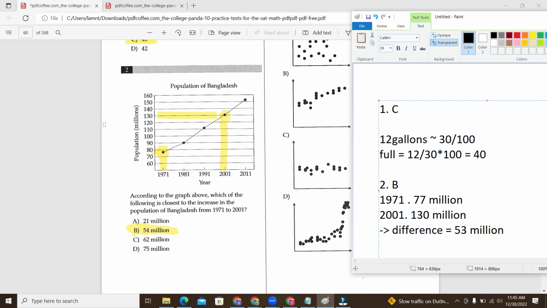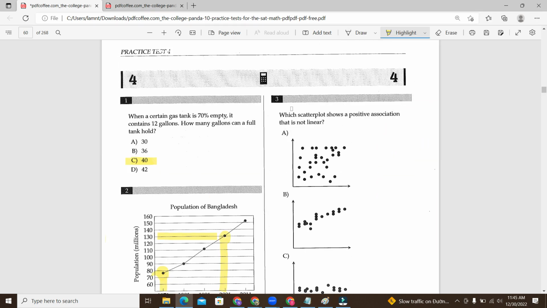So that's number 2. Let's do number 3. Which scatter plot shows a positive association that is not linear? So we need something that is not linear first. Anything linear, we're going to delete it.